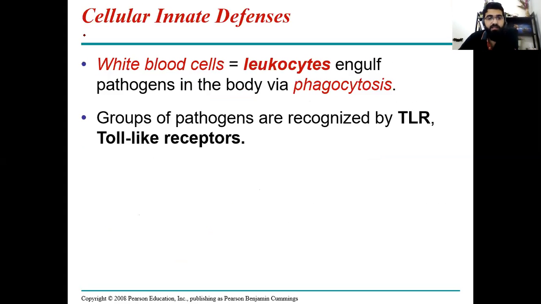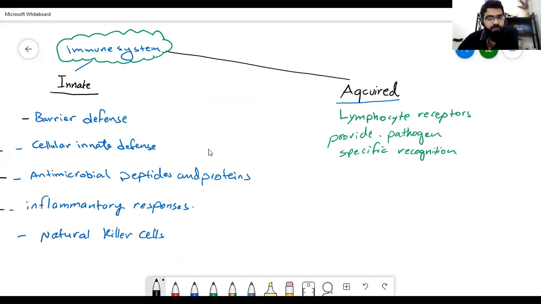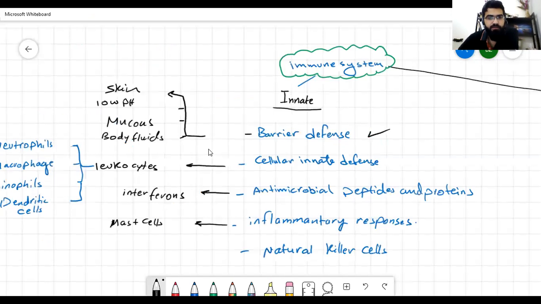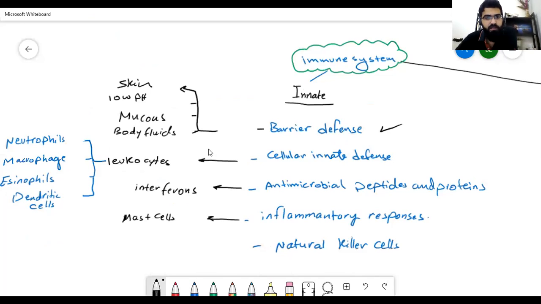Then we said we have cellular innate defense. I will go back to the board to see. So we finished the barrier defense, which is skin, low pH, mucus, and body fluids. These all we call barrier defense. Now, cellular innate defense.